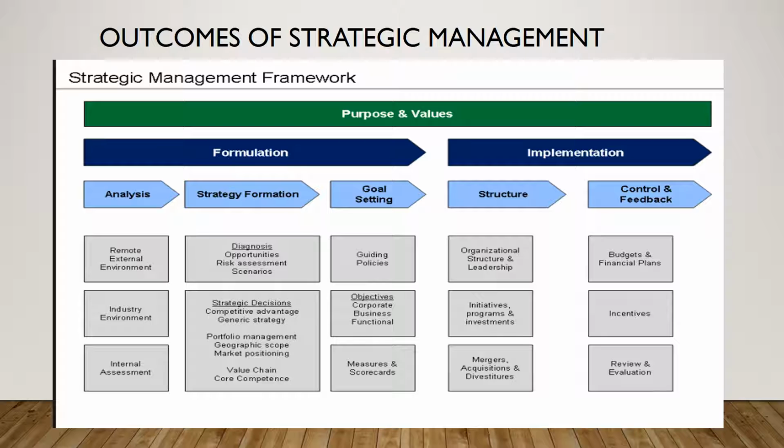its success. So, for example, when you look at the slide on screen now, you see that under formulation, you have analysis, strategic formulation, and goal setting. And when it gets to implementation, this is where you can look at the organizational structure to see if it's a good fit. We also have to create strategies to help monitor and control feedback.